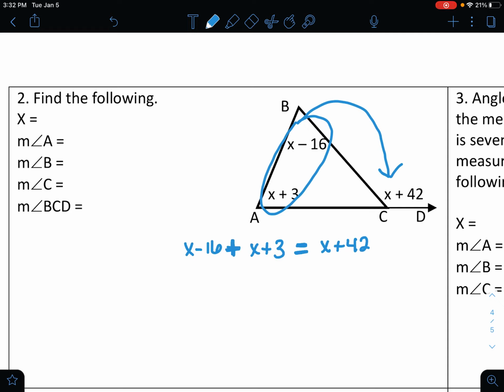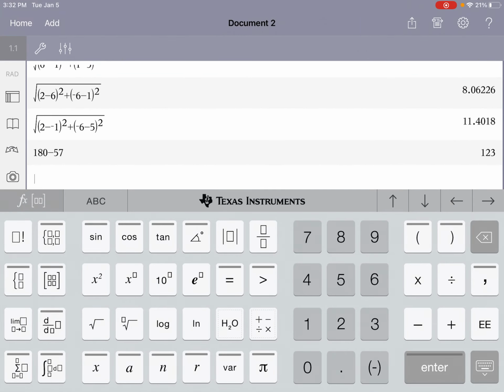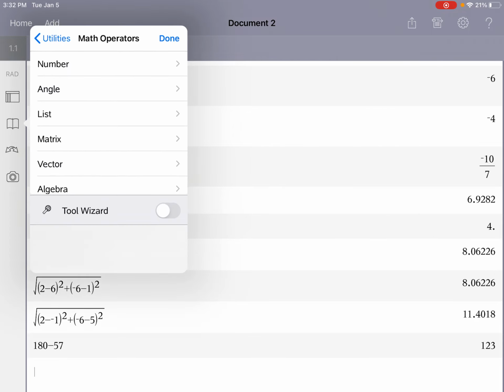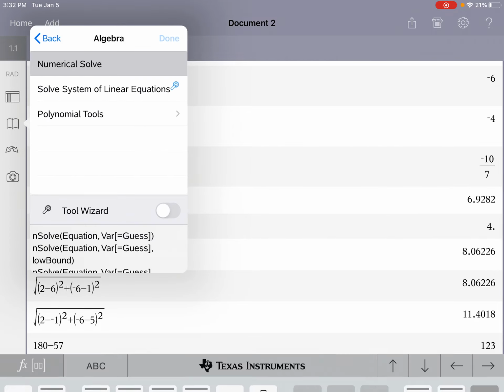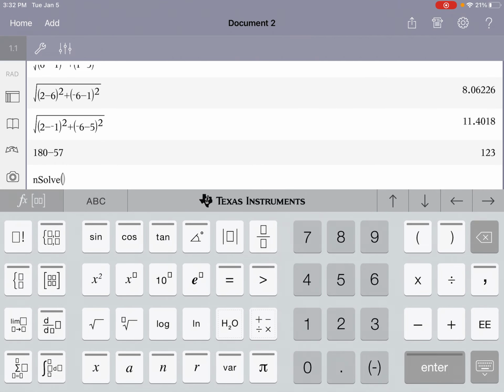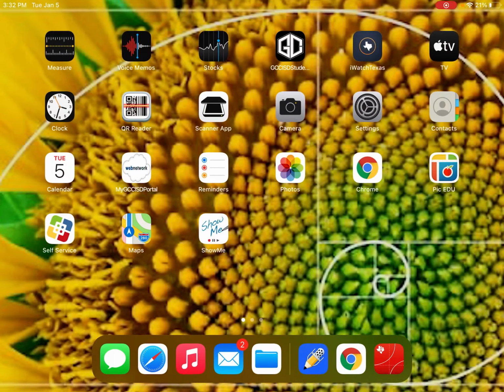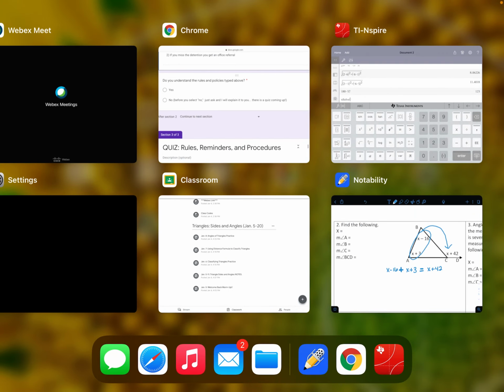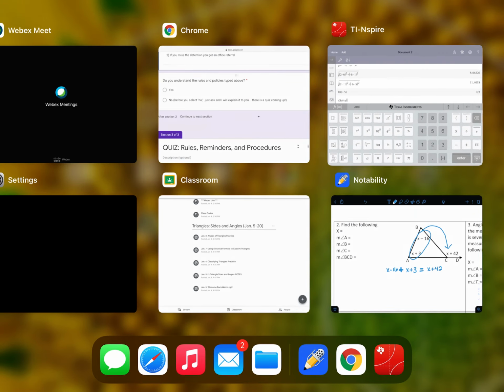So you can solve it by hand, or you can go to your calculator and type it in that way, x minus 16, x plus 3. So I'm going to get the numerical solve. Okay, I already forgot what it said. Hold on. Okay, so it was x minus 16, x plus 3.